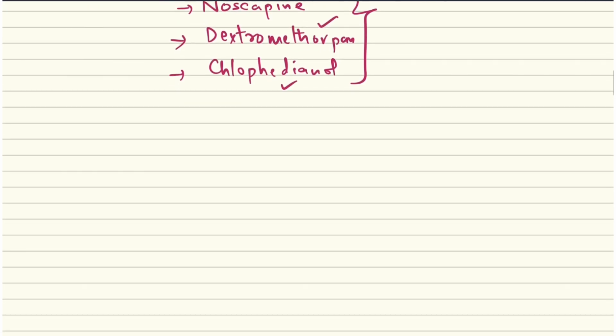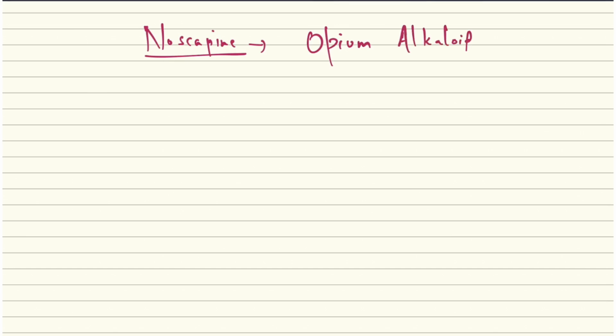First we will talk about noscapine. Noscapine is an opium alkaloid, and this drug belongs to the benzoisoquinoline series.